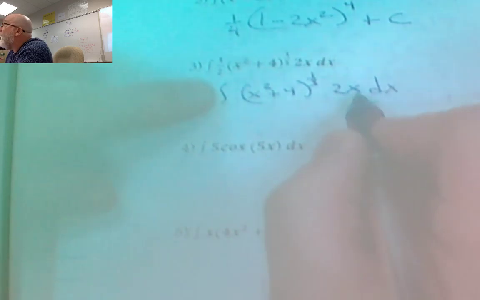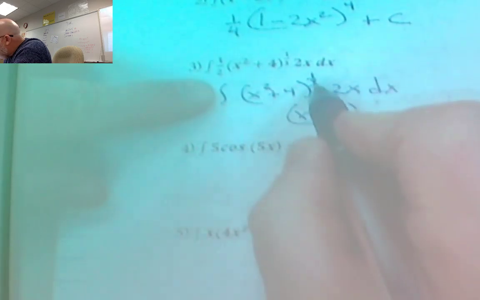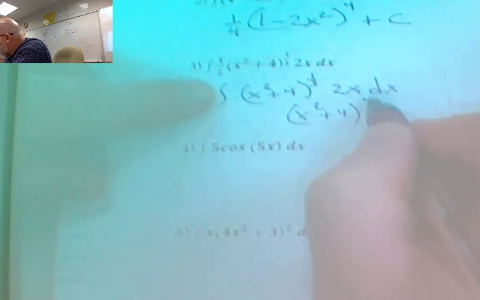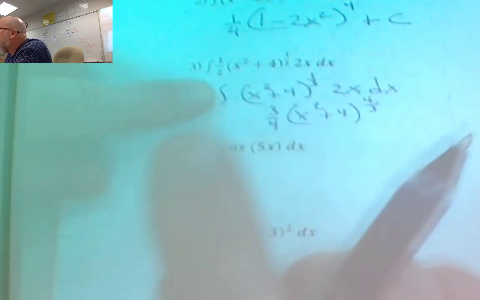Okay? And then I'm going to say, all right, x squared, 2x. So I can write x squared plus 4. Raise this to the 4/3 power. Because 1/3 plus 1 is 4/3. And then write 3/4 here. Now, Hillary, that's not my answer.